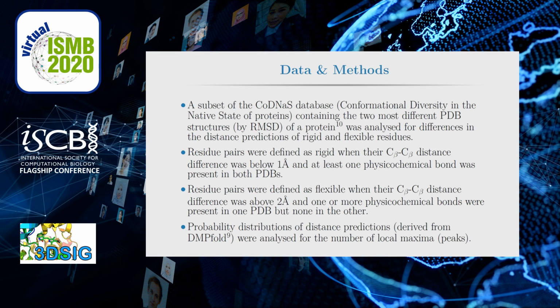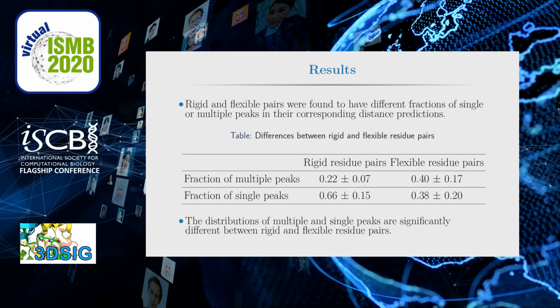And then we analyzed the probability distributions of these sets of residue pairs for the number of local maxima in the probability distribution. Local maxima in distance predictions we also call peaks, and for all distance predictions we analyzed this number of peaks, and some residue pairs have no peaks at all, some have one peak, and some have multiple peaks.